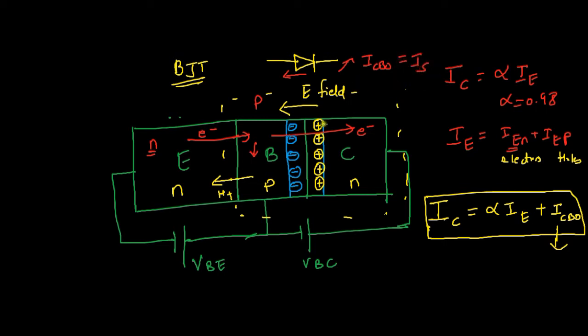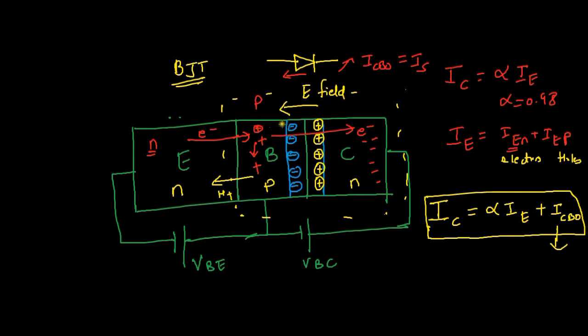As you can see here, this is P type. It has more holes, PP. It consists of a large number of holes, and this is electrons. So when we sandwich these two while making the transistor, what happens?